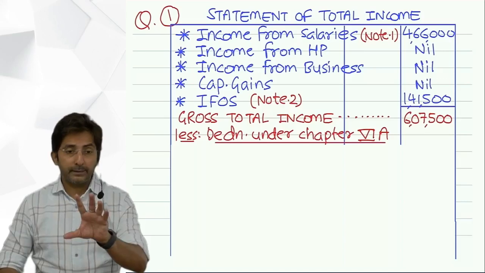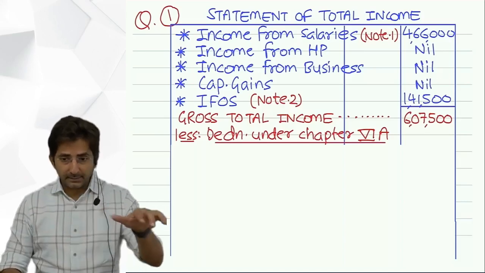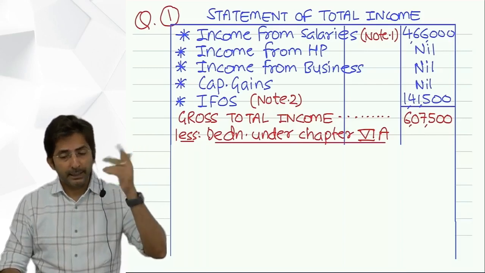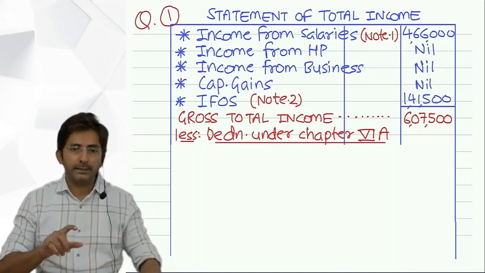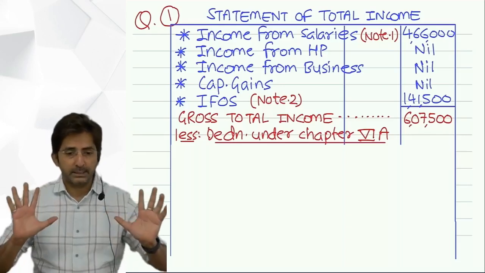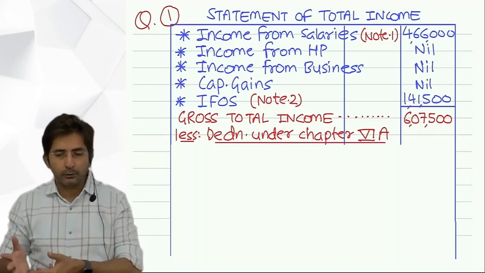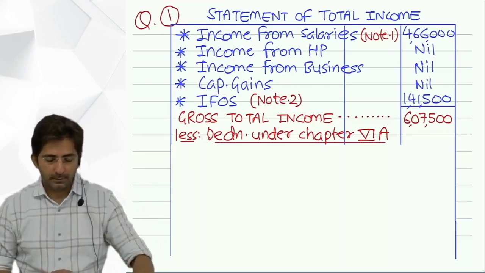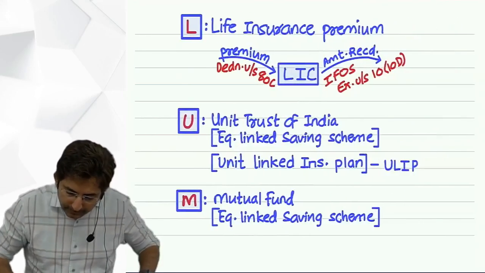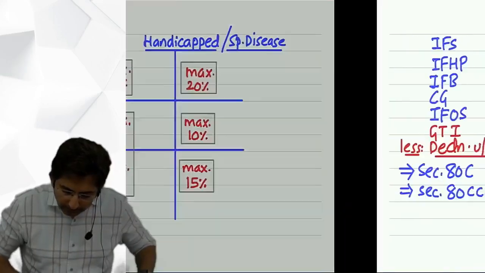In that also, among the C sections, first you should take 80CCD(1B) and (2). In short, what I want to say is that the group of C sections you should finish first. You can take it later also, but I prefer to finish it first. And in this matter, I would remind you, I had given this once.